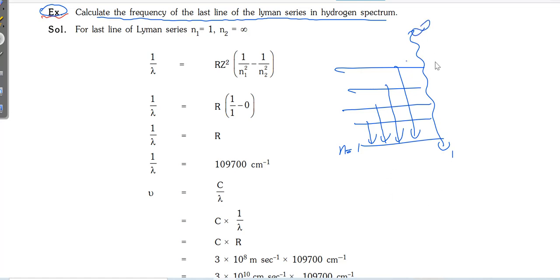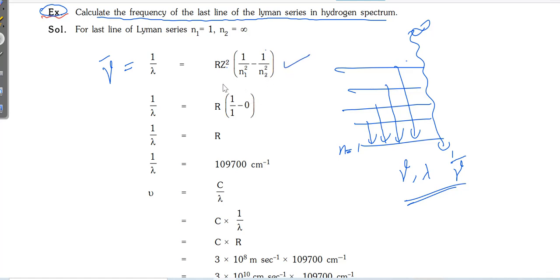Okay. Whenever this type of lines are there, to calculate the frequency or lambda or nu bar, one formula is there. Rydberg gave the formula. Nu bar, the wave number, nu bar equal to 1 by lambda, that equals R Z square into 1 by n1 square minus 1 by n2 square. This is the formula.